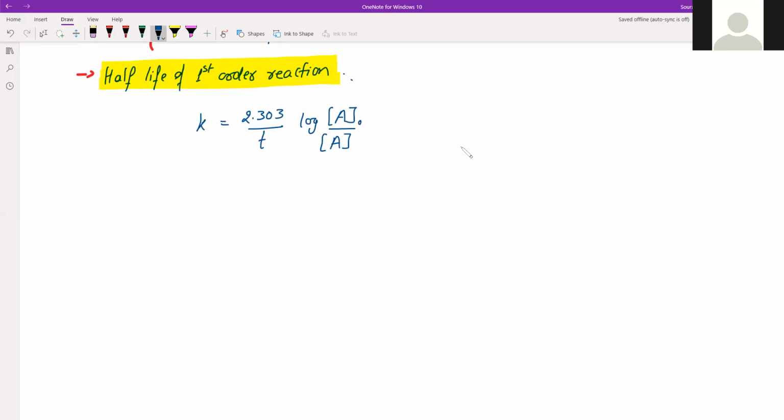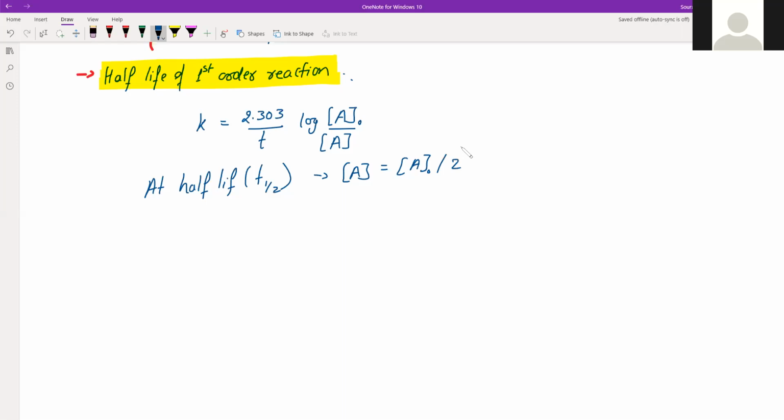Now the same expression, as it is half-life, so we say that at half-life, that is T half, suppose we represent it as T half, at that time the final concentration A will be equal to initial concentration divided by 2. Simple.